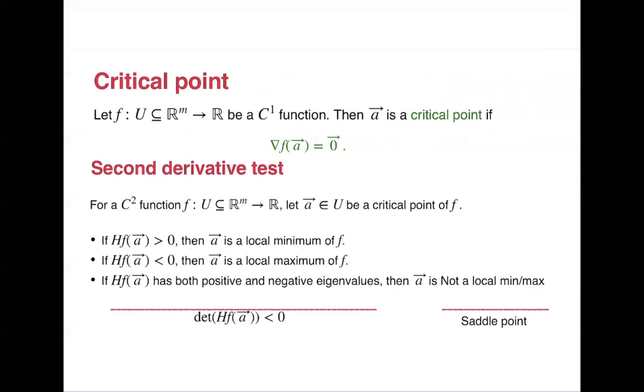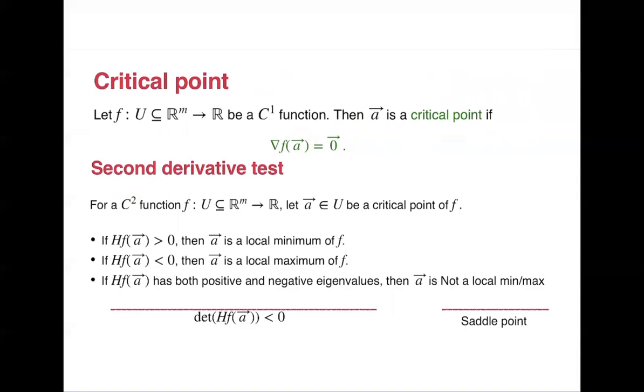So for a C2 function, it means that we can differentiate the function f in some direction a second time.